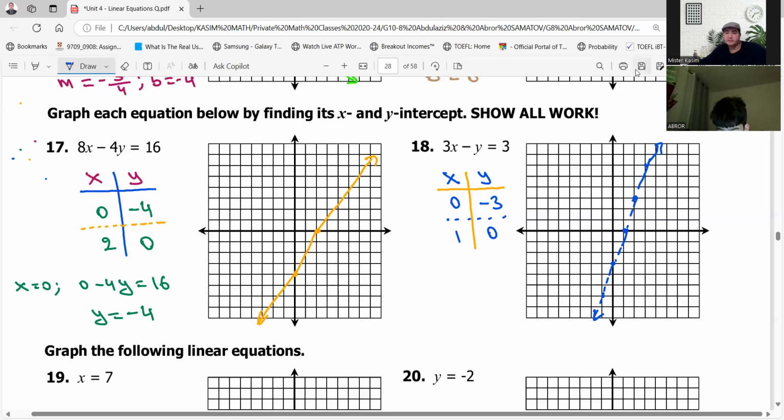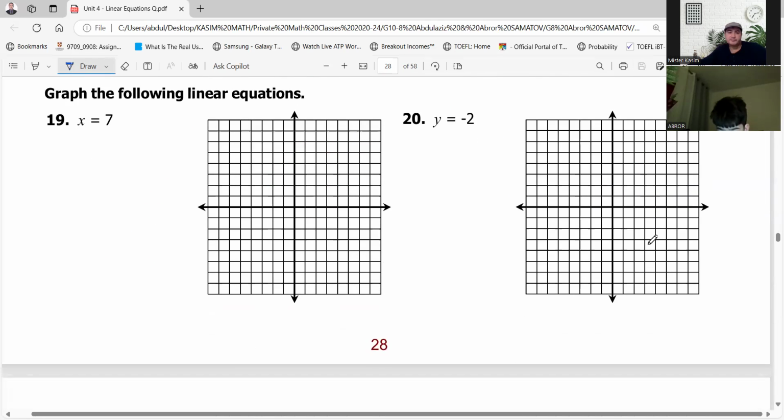All right, let's continue. Next, graph the following linear equations. What is the graph of the first equation? X equals 7, Abror. Is it a horizontal line or a vertical line?